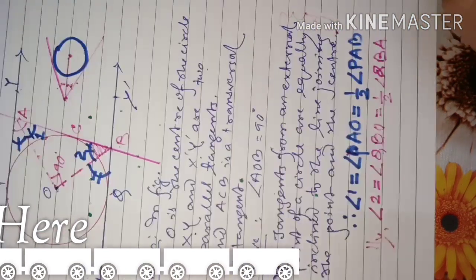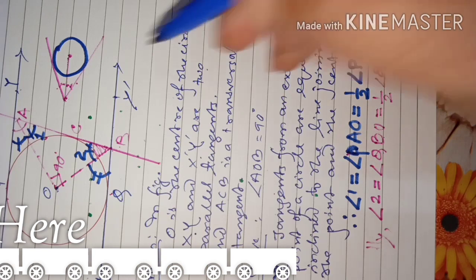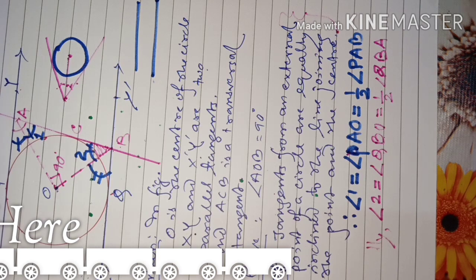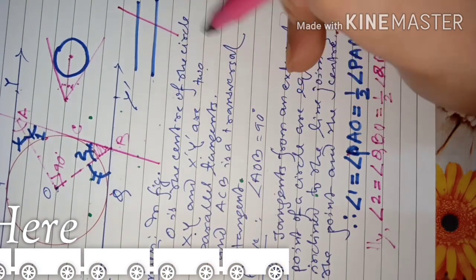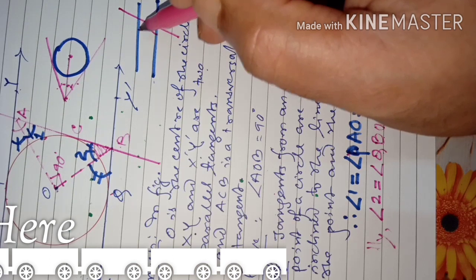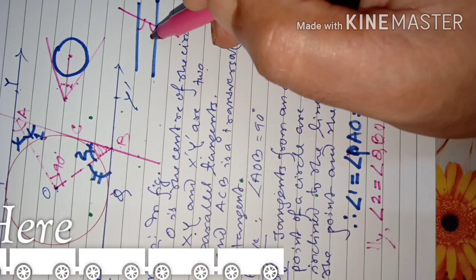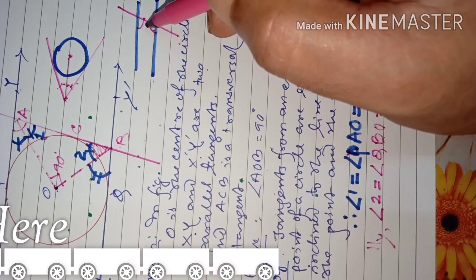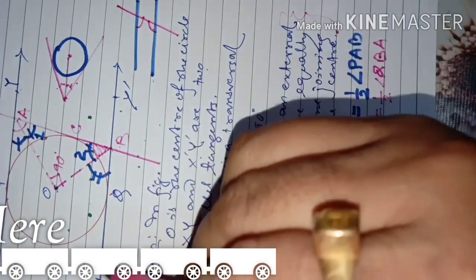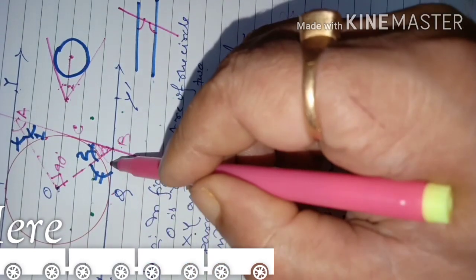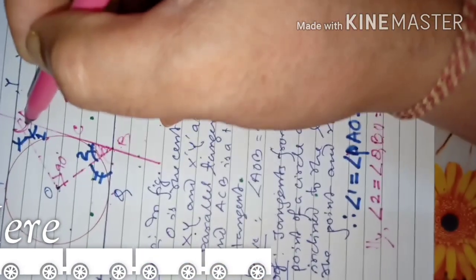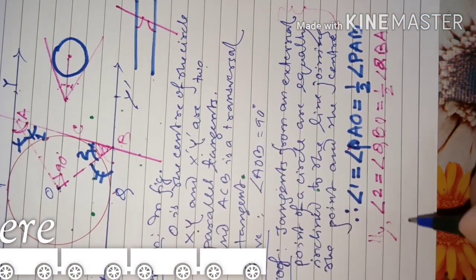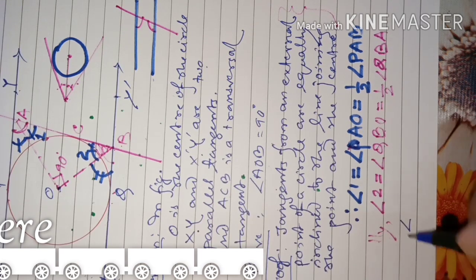Now students, you see, if there are two parallel lines, see these two are parallel lines, and they are intersected by a transversal, then the sum of these two interior angles on the same side of the transversal are supplementary angles. Their sum is 180 degrees. So what you can say, angle QBA, this angle, plus this angle, their sum is 180 degrees.